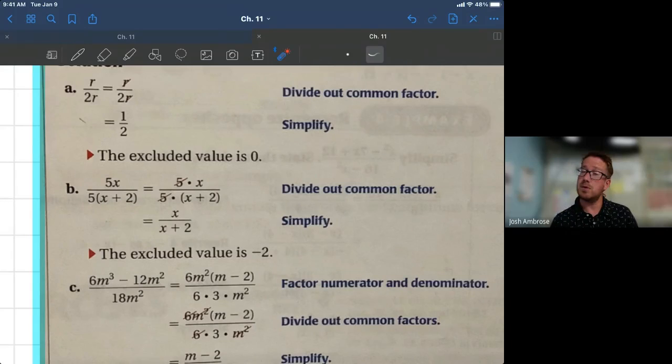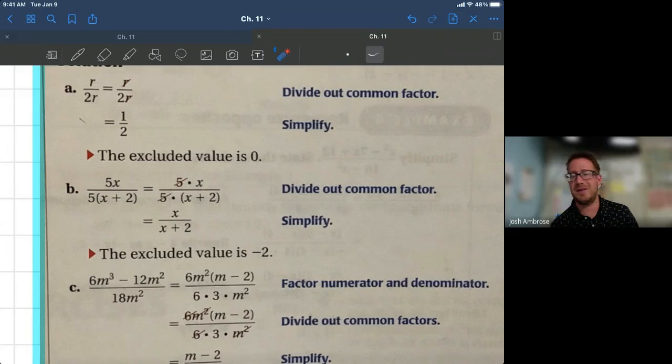And if it's being multiplied, then you are allowed to cross this 5 out with this 5 up top. That's what they're doing right there. And then what you have left is x over x plus 2. That can't go anywhere. Please, please, please listen to this next part. You are not allowed to cross out those x's.